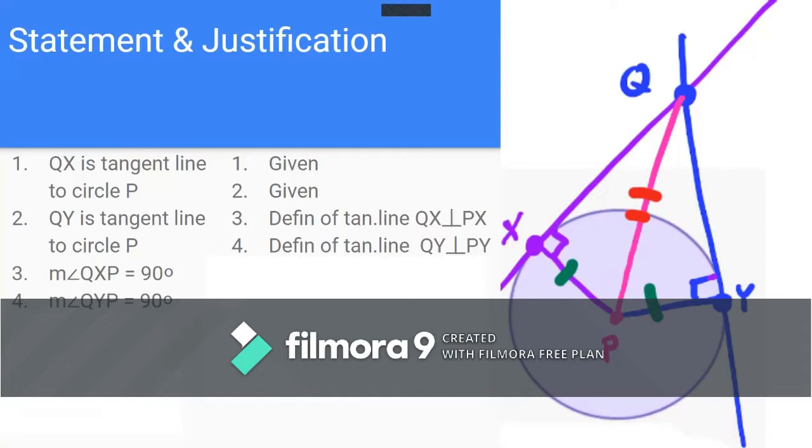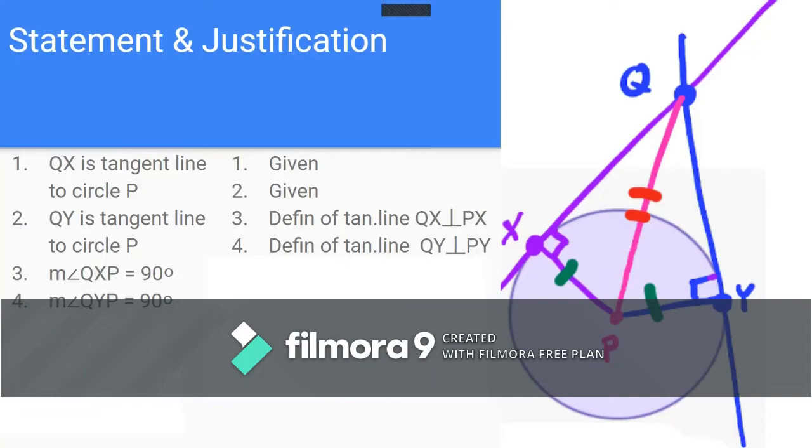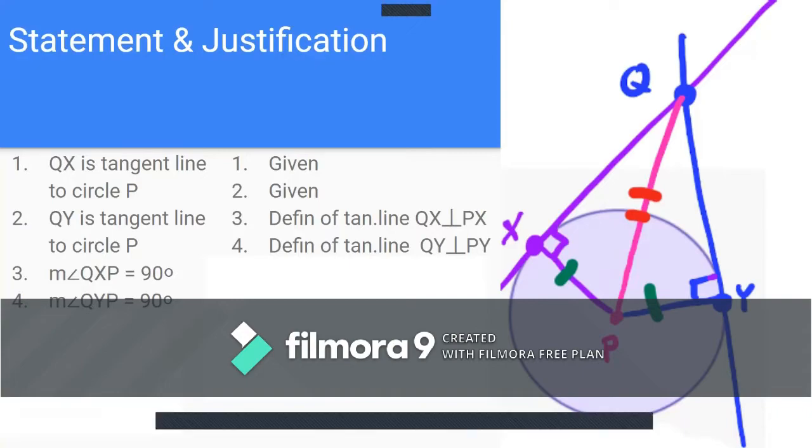The measure of angle QXP equals 90, which is because of the definition of tangent line, in which QX is perpendicular to PX. So this creates a 90-degree angle, or a right angle.